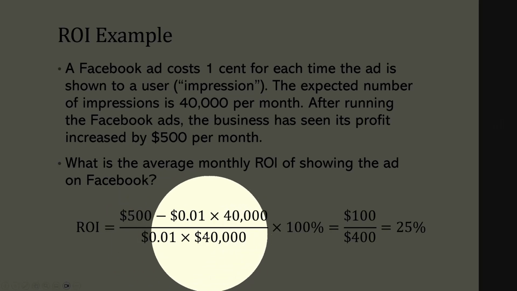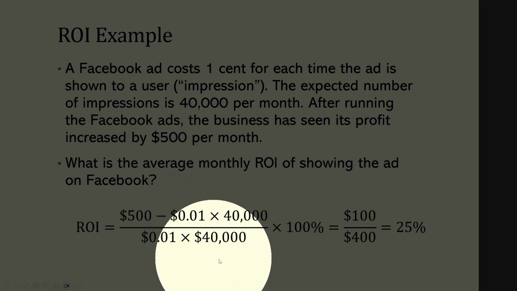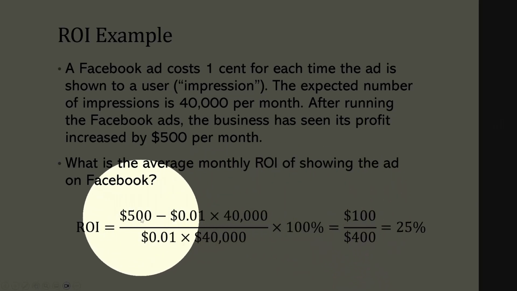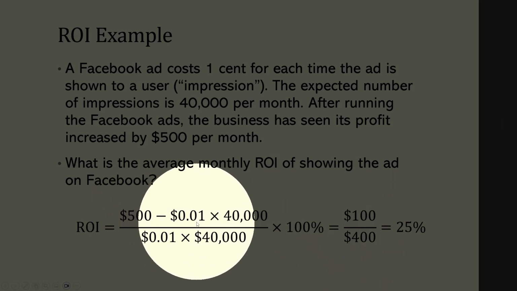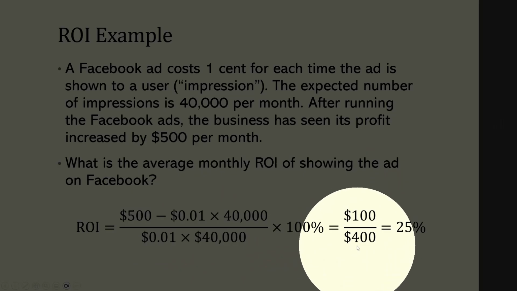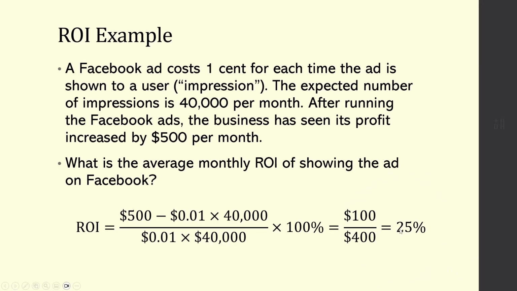And also that term appears at the denominator. So what we get is basically $100, which is created by 500 actual profit minus $400 investment. So 100 divided by the $400 investment. And that gives us 25% ROI, or return on investment.